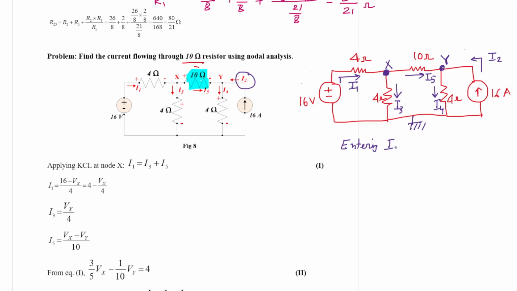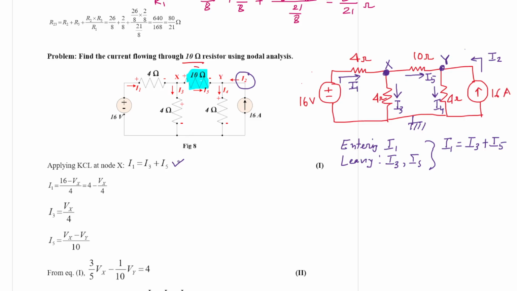According to KCL, net incoming current must be equal to net outgoing current. So I1 is equal to I3 plus I5. That is equation 1.